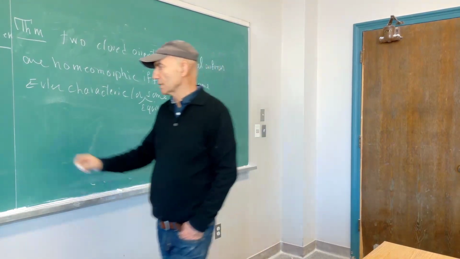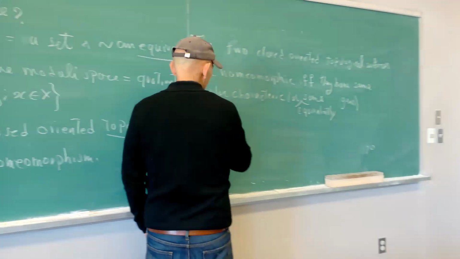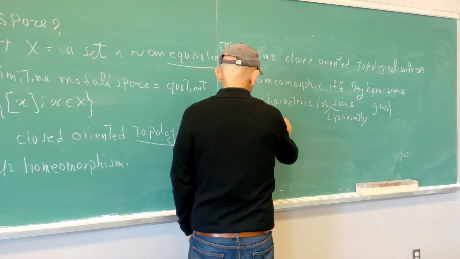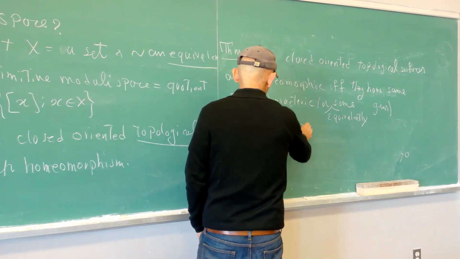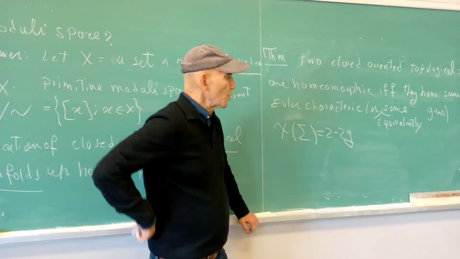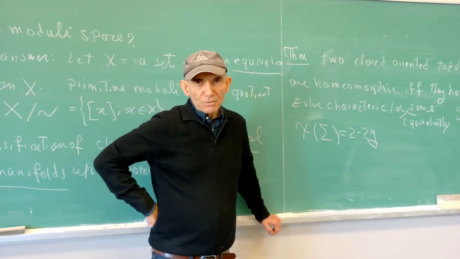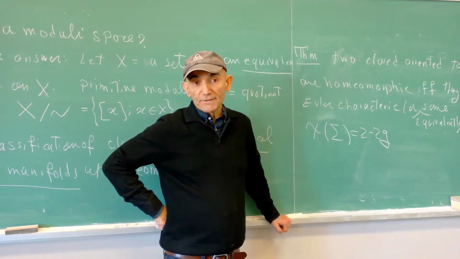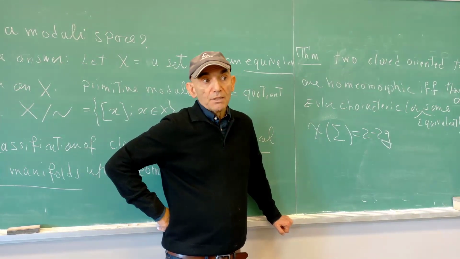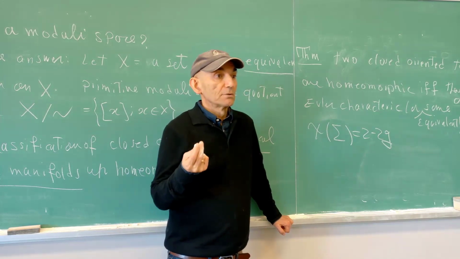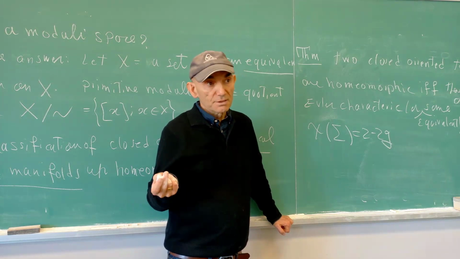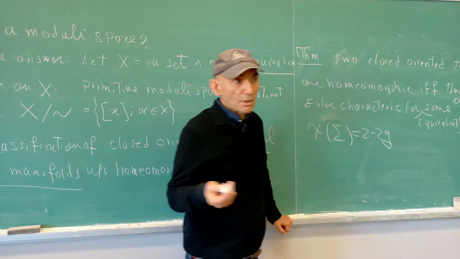So we have this formula that the Euler characteristic of the surface is equal to 2 minus 2g. So up to homeomorphism, up to topological classification, there is only one invariant which characterizes the surface completely, and that's the genus or Euler characteristic.